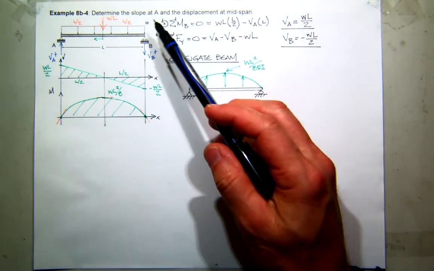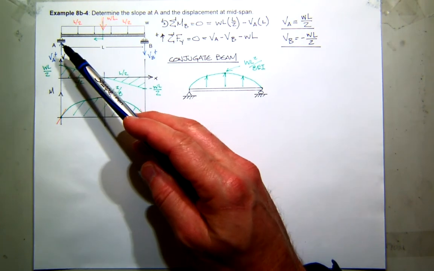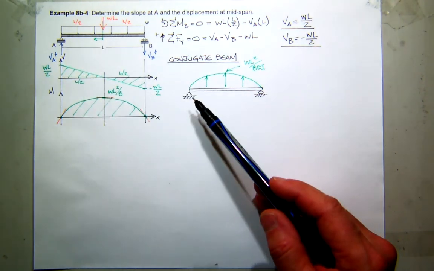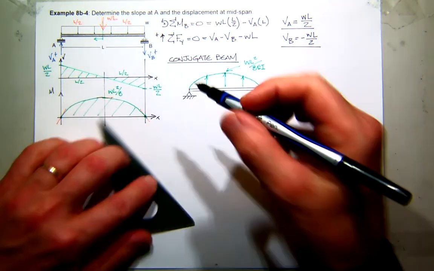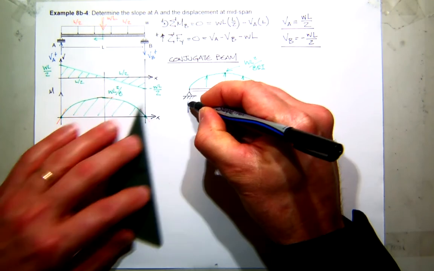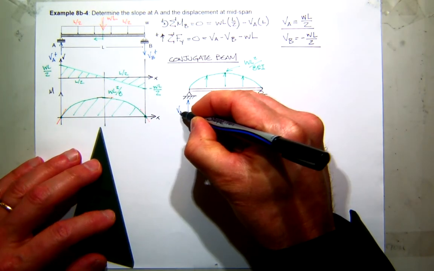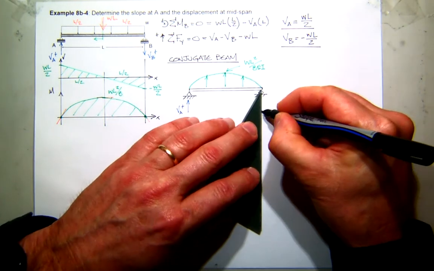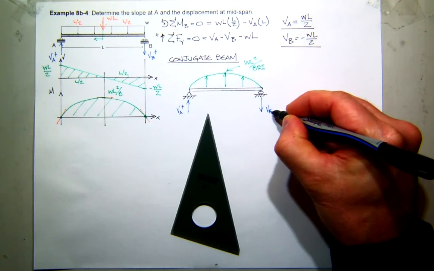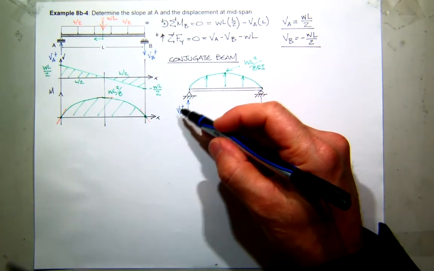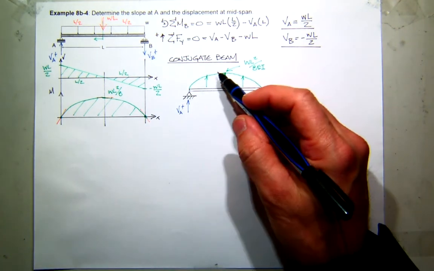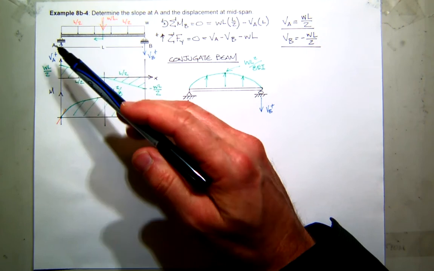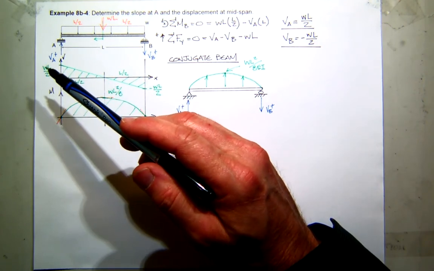Well, we want to find the slope at A. Well, the slope in the real beam is the shear in the conjugate beam. So if I assume positive shear at A, which I will, and positive shear at B, and if I can find the shear at A in the conjugate beam, I have found the slope at A in the real beam. I think that's very doable.